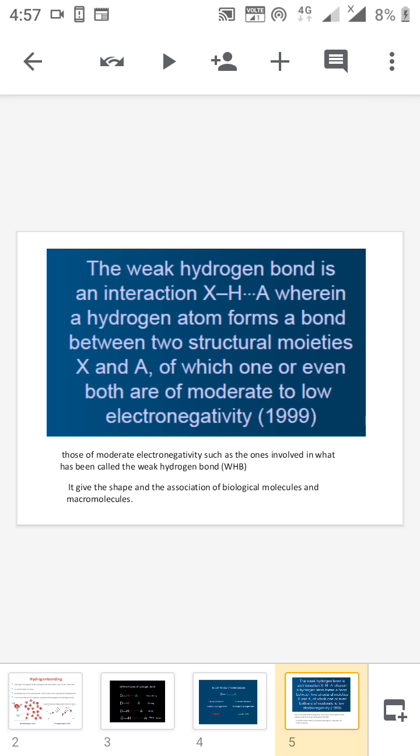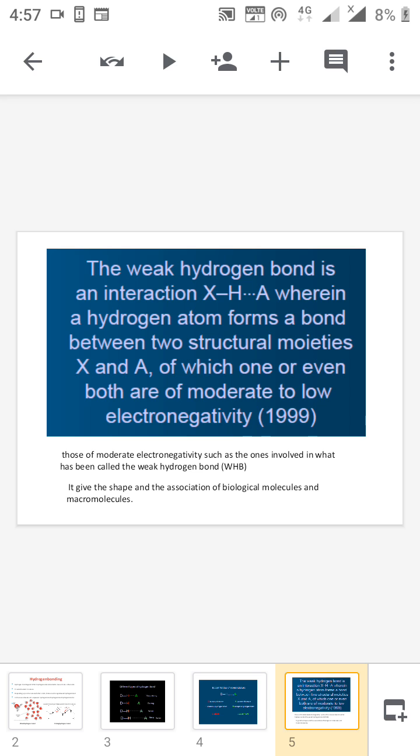So the strength of the hydrogen bond depends upon the nature of A. If A is more electronegative, then the hydrogen bonding is strong. If it is a weakly electronegative atom, then the hydrogen bond is also weaker.